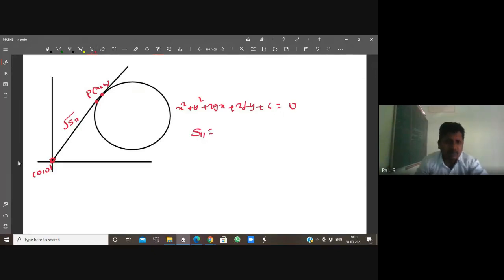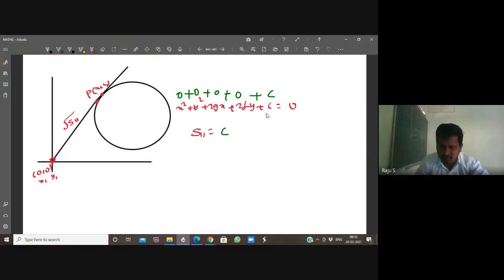S double one value means, substitute x1, y1, nothing but 0, comma 0 in the given circle equation. When we substitute here, 0 plus 0 plus 2g into 0, 0 plus 0 plus c. Okay, so finally S double one value is c alone.